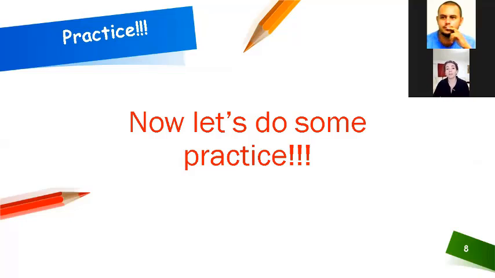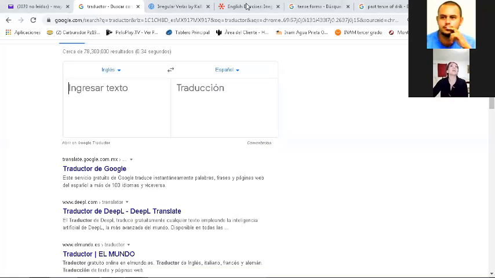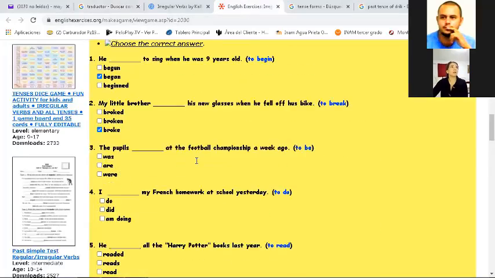Now that we have all this information, let's do some practice. I want to share with you some exercises that I have here.